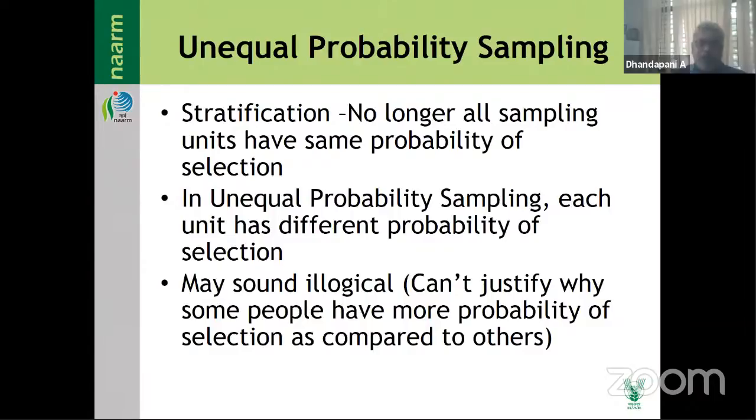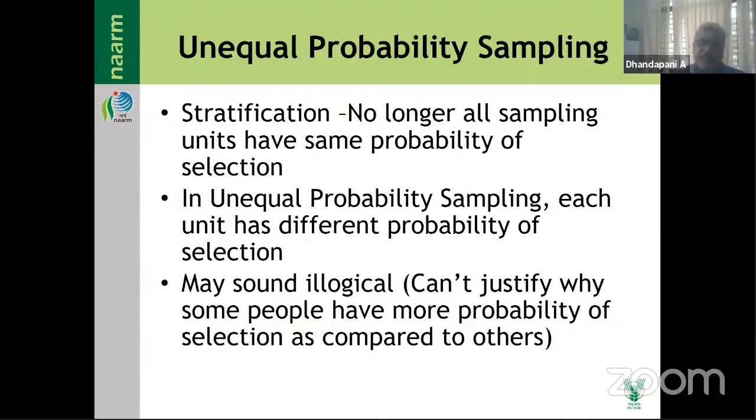But when you start using stratification, you can think: why should we give equal probability to all the units? You can have unequal probability. When you say unequal probability, each unit has a different probability of selection.